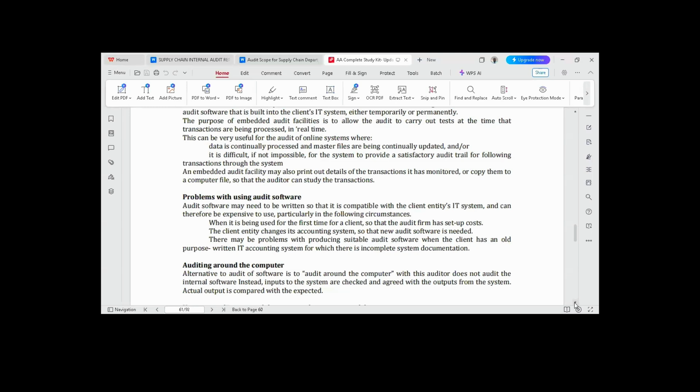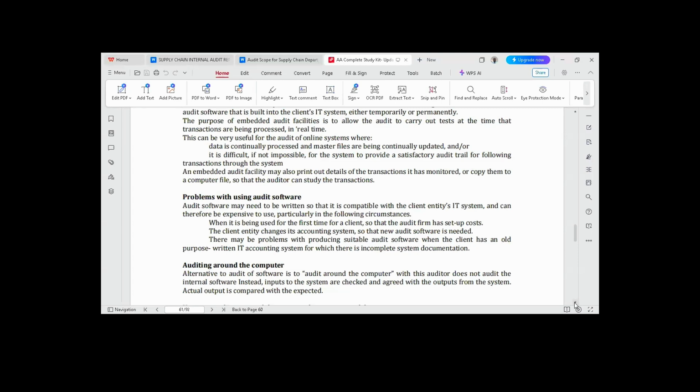So how the test data works is this. You can only apply it on one procedure and any other one after the other. You cannot apply it on everything, unlike the audit software, which can be applied on everything at a go. So you can only apply it per procedure. For instance, you want to check if the inventory balance is correct using the test data.